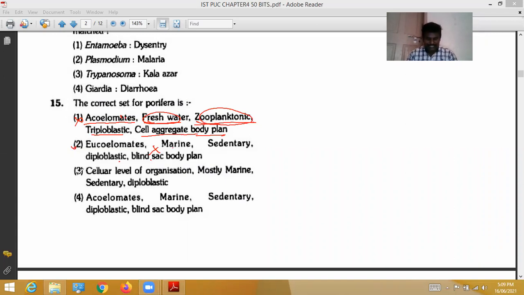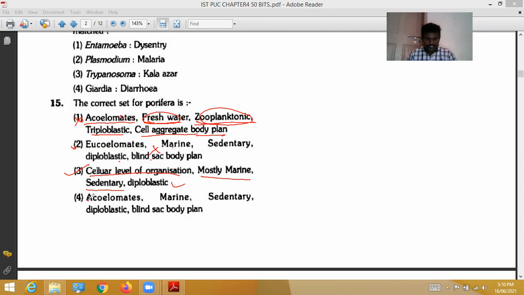Cellular level of organization: yes, Porifera shows the cellular level of organization. Most of the organisms are marine, very few are freshwater. Sedentary means inactive. Diploblastic: poriferan organisms are formed from two cellular layers. So the third option is correct.